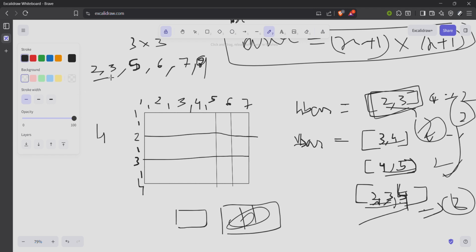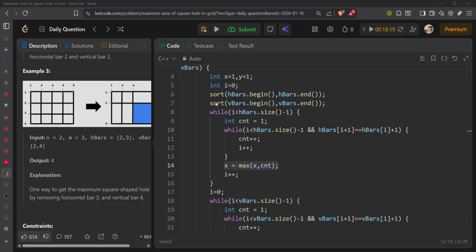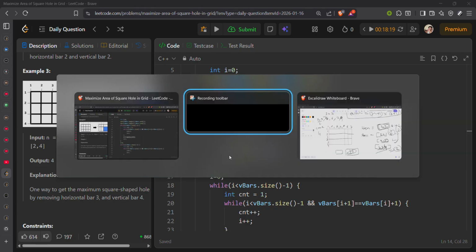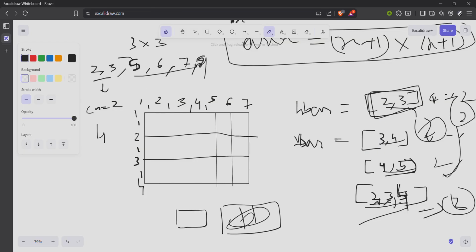For here we have consecutive as two, but then there is a break. So if we update count as two and move out of the loop, then we won't find this consecutive.